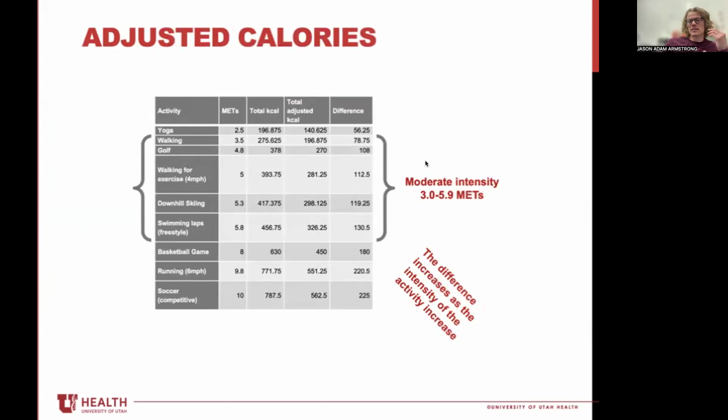Okay, now I'm going to show you that across a range of activities. So as intensity goes up, that difference becomes greater and greater. So if I'm engaging in soccer, right, and I'm assuming that I'm utilizing 3.5 mLs per kg per minute at rest, and then I'm multiplying that by soccer being 10 METs across a certain period of time, now that difference is 225 calories. It's not a single minute.